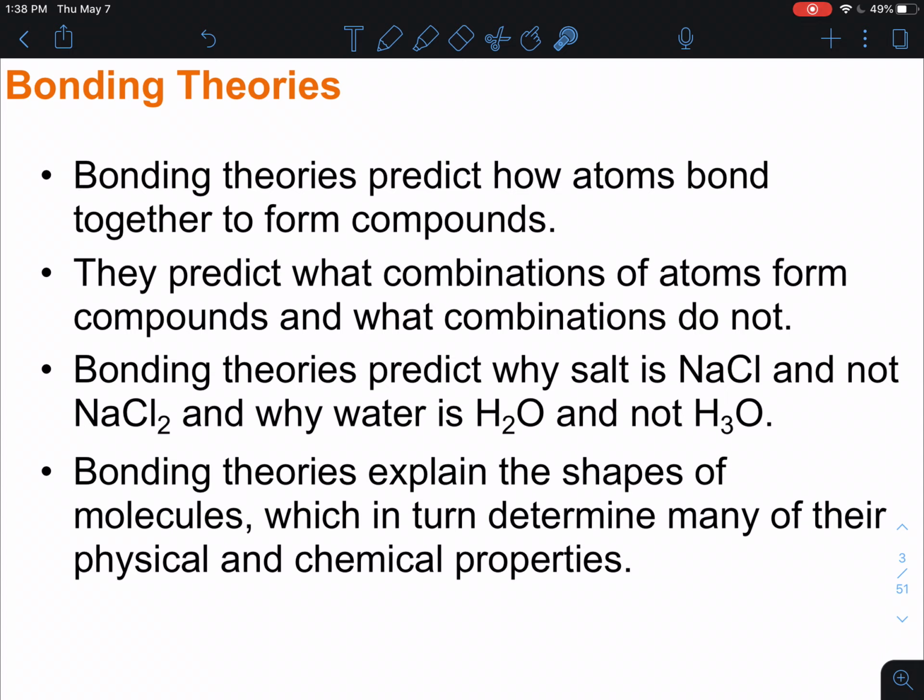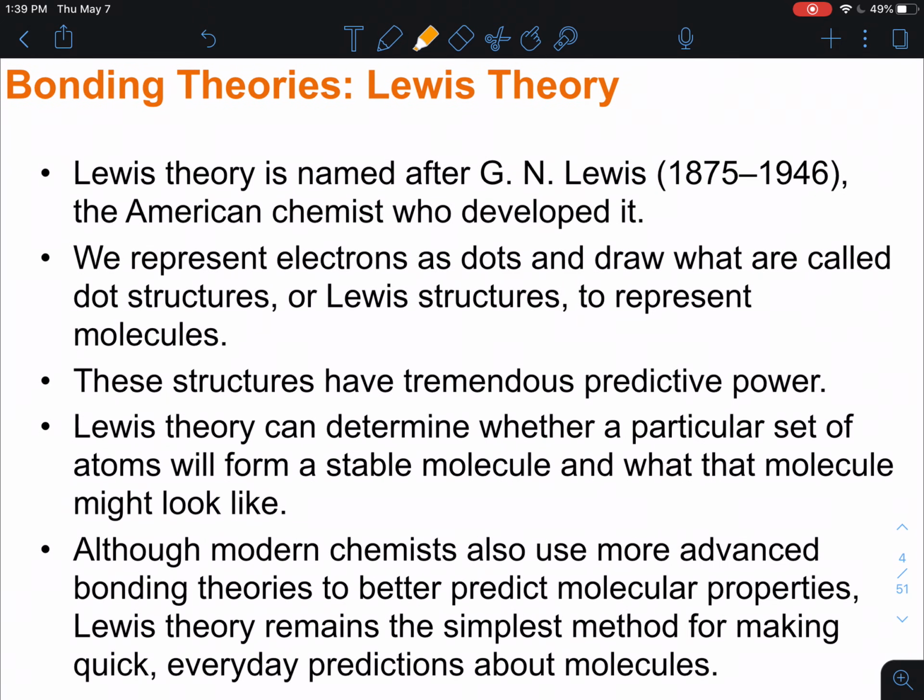And the really important thing is that all of this, especially for molecular or covalent compounds, leads up to predicting the shapes of molecules. Shapes of molecules are really important because it's the shape of a molecule that determines its physical and chemical properties. So if we can predict and we know how things will interact due to their shape, we can also use them in chemical reactions appropriately.